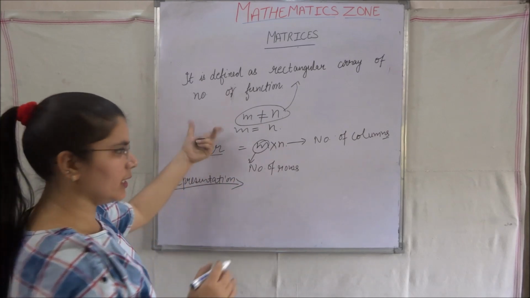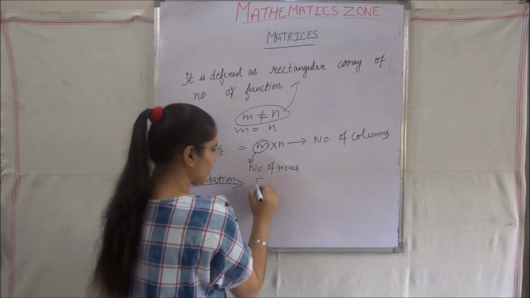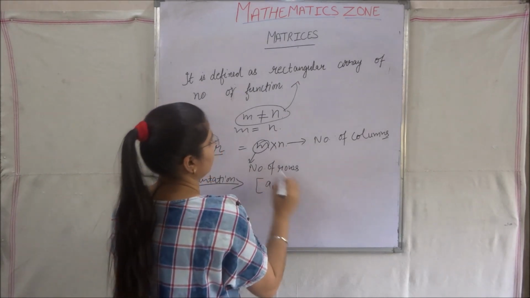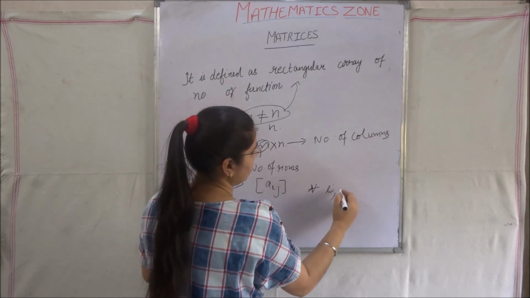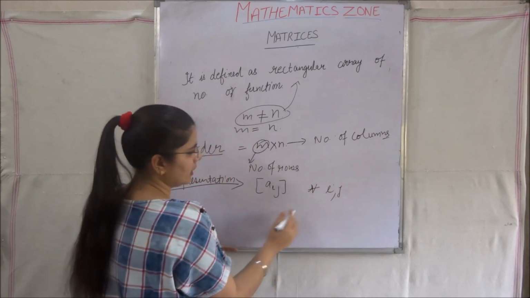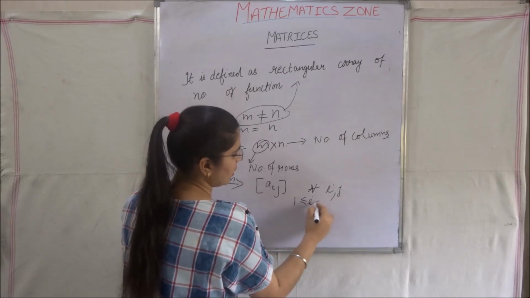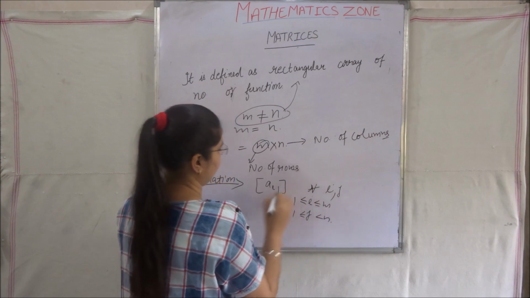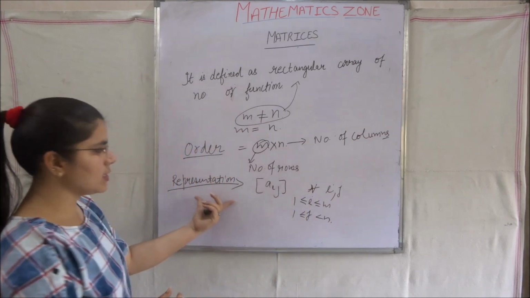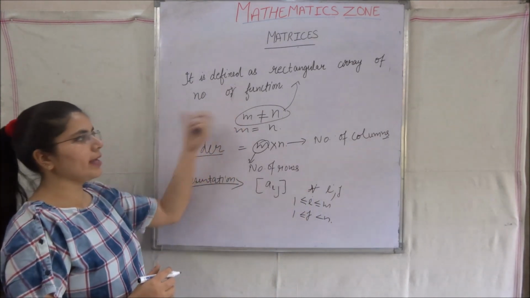A matrix is generally represented as Aij for all i and j, that is i varying from 1 to m and j varying from 1 to n. So this is a general representation of a matrix.